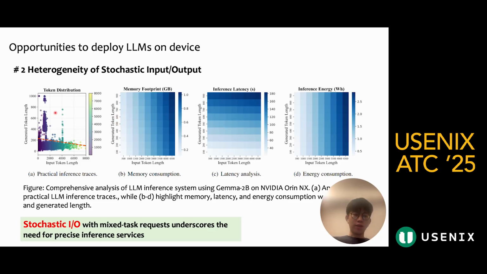Figure A displays a real application trace to analyze the distribution. Moreover, this dynamic variance will lead to dynamic memory, latency, and inference energy distributions. So the second opportunity is the dynamic I/O with mixed text requests, which needs precise inference service.